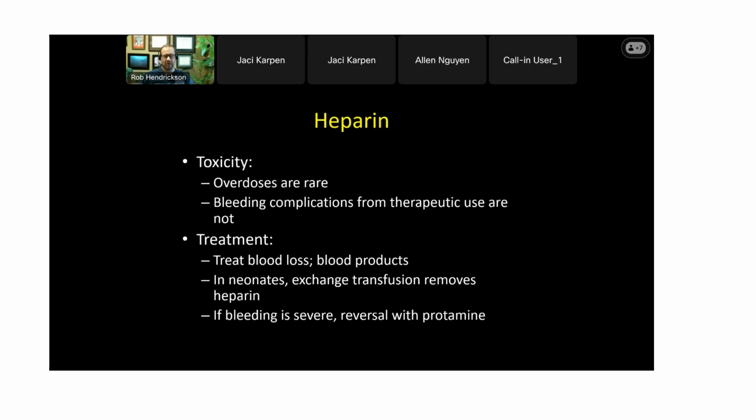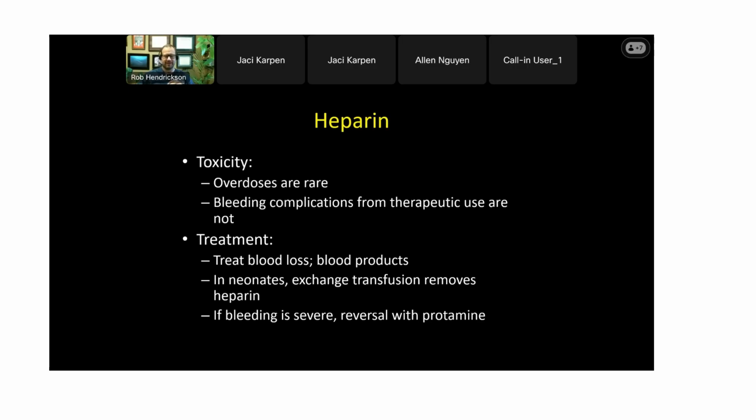So most of the time that we are trying to reverse these are not actually overdoses. The person is just bleeding and we would like to reverse it. Most of the time when someone is on heparin and they're having bleeding, we just stop the bleeding and treat the blood loss with blood products.